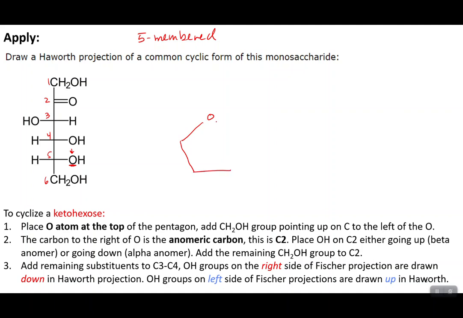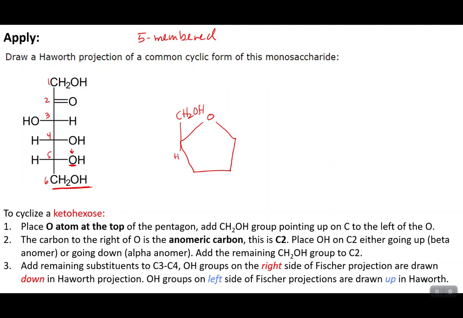Okay. So now to the left of this oxygen, I'm going to draw this CH2OH group. That one will go up as well since we are dealing with these sugars. And then the hydrogen is going to go pointing down. Okay. Now let's take care of our anomeric carbon.